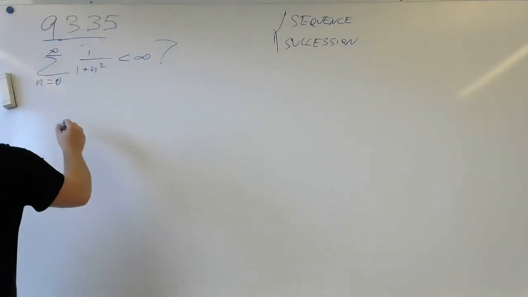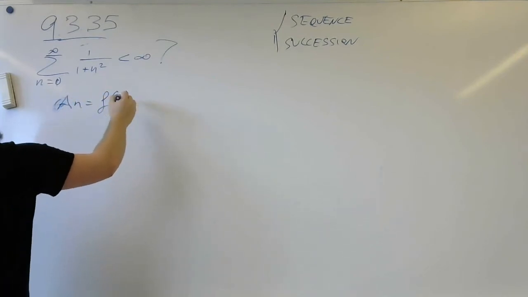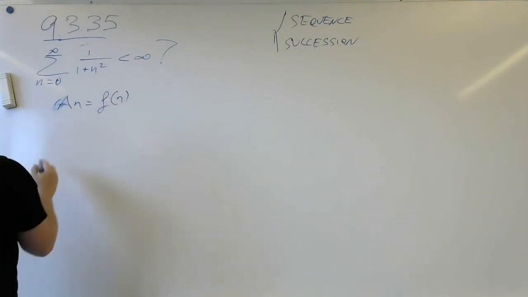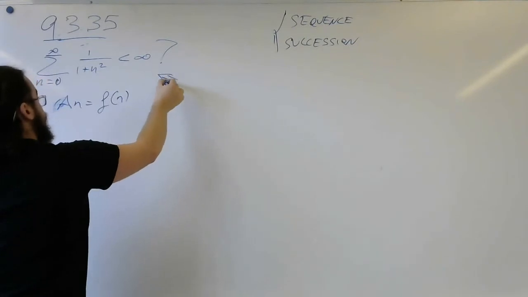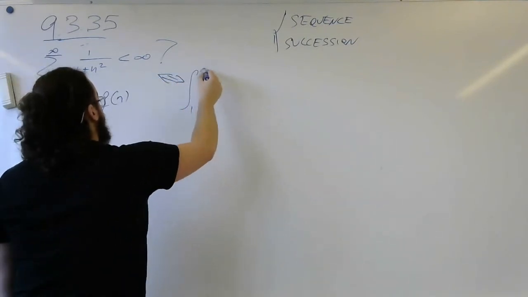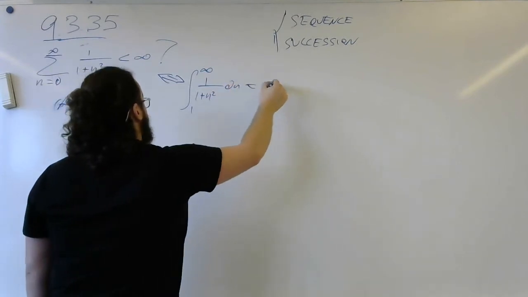So what we are going to do here is assume that each term is a function evaluated in n, and so this sum is finite if and only if this integral is finite.